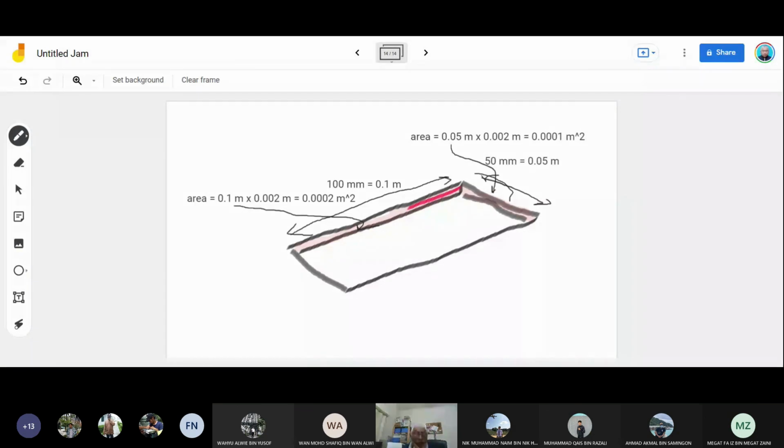Now we have to calculate the force, the loss load. There is a load loss along here, which is similar. We have this side. We also have the longitudinal loss here.